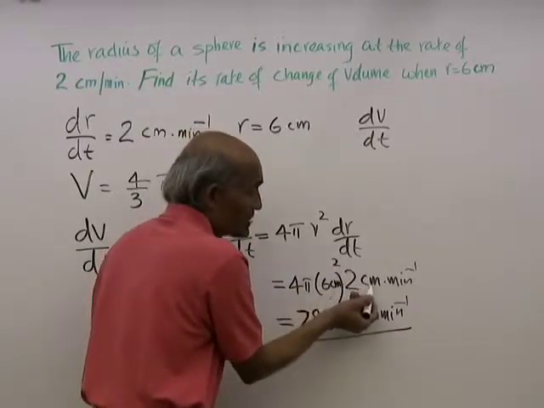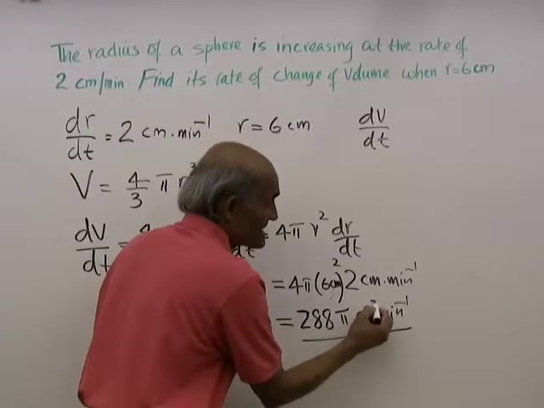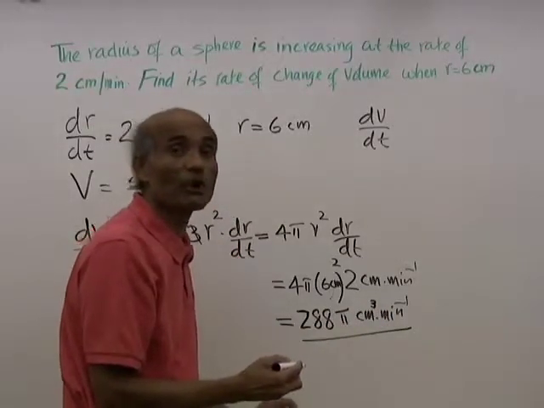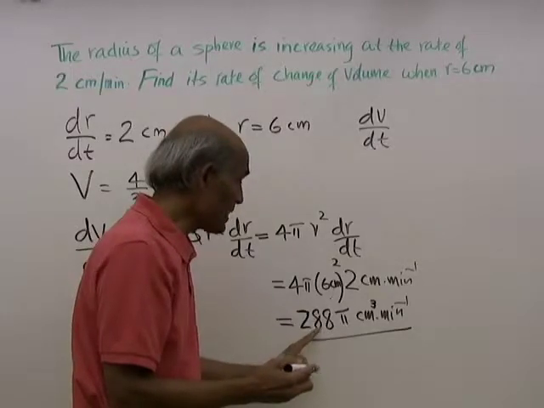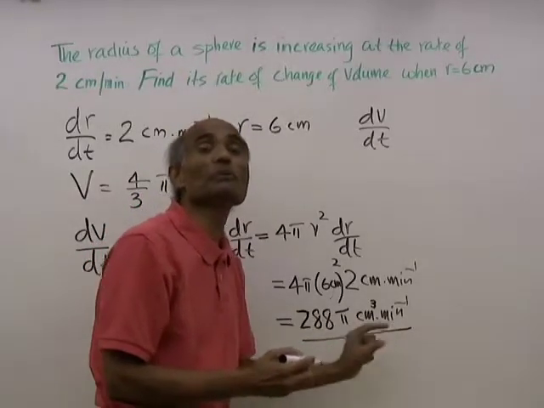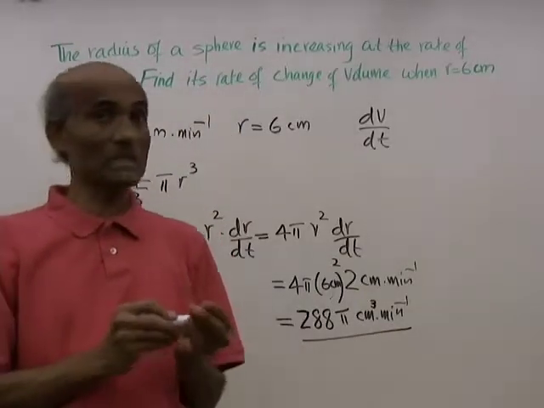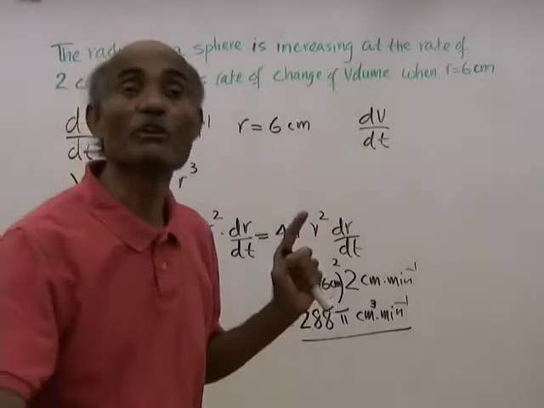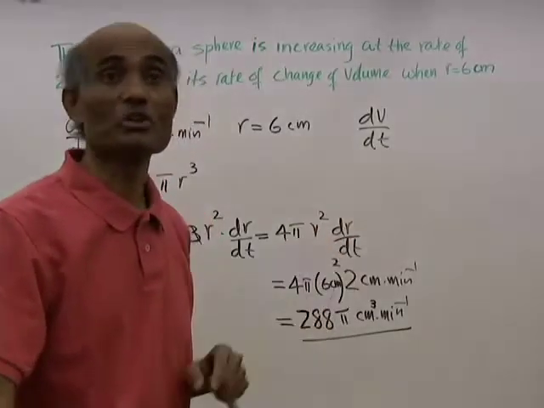Centimeter squared times centimeter is centimeter cubed. So the rate at which the volume increases is 288 pi centimeter cube per minute, not centimeter per minute. The unit of volume is centimeter cube.